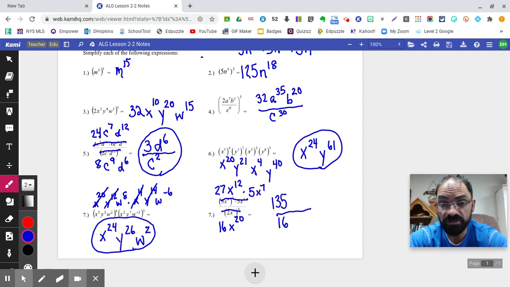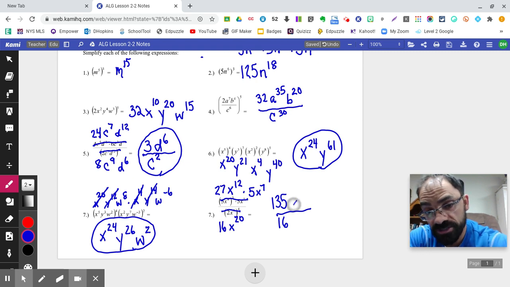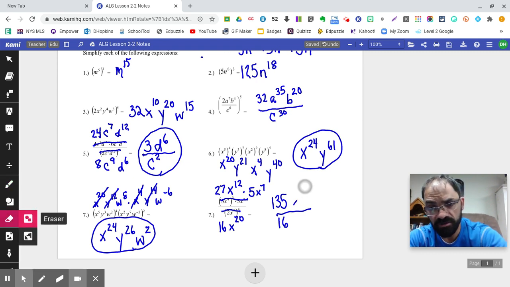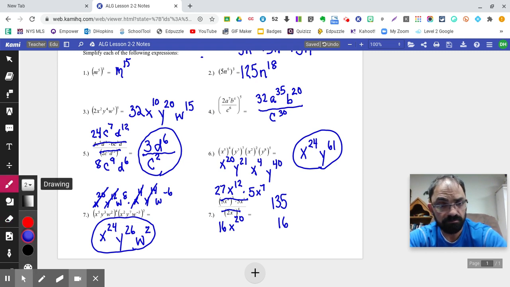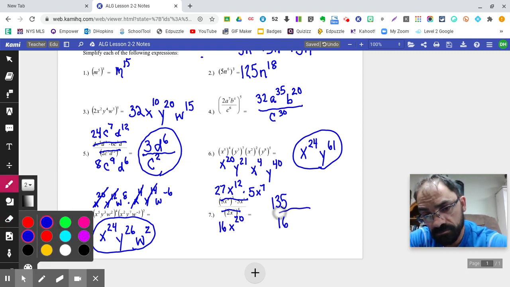Okay, now we have x to the 12th times x to the 7th, which is x to the 19th. Not sure what happened there. I think my hand hit the eraser. And in the bottom, I have x to the 20th. Okay, so one more time.